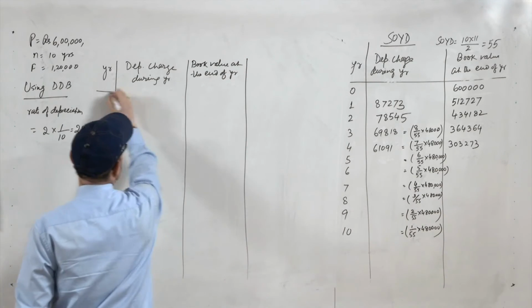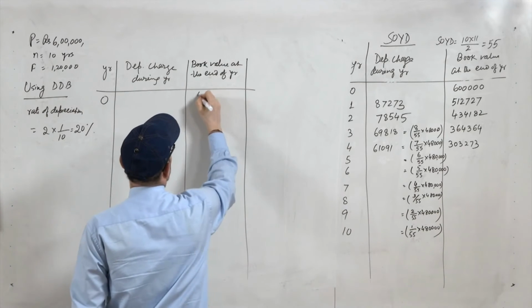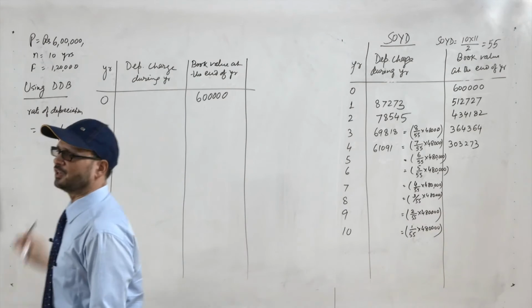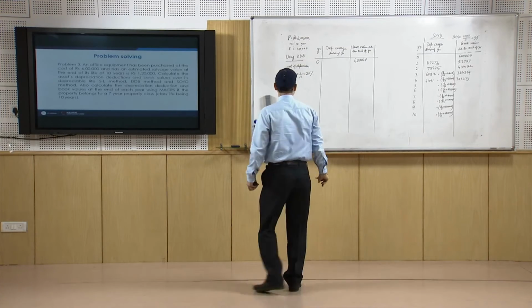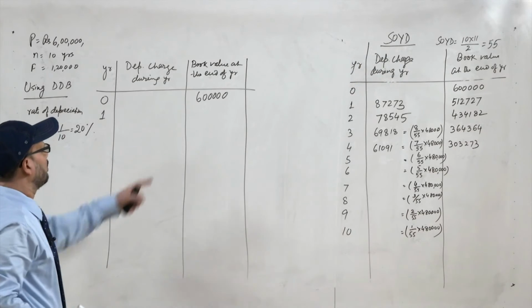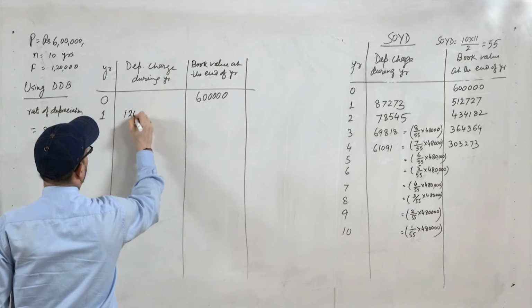Now, in this case we have again at year 0 the value is 6 lakh. Now, rate of depreciation is 20%. So, in the first year 20% of 6 lakh, that is 1,20,000.